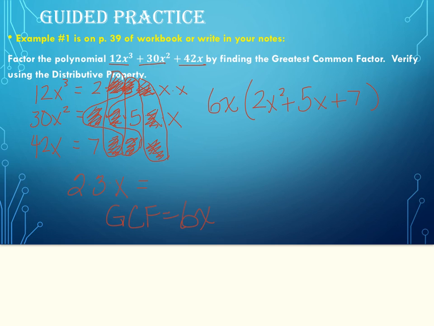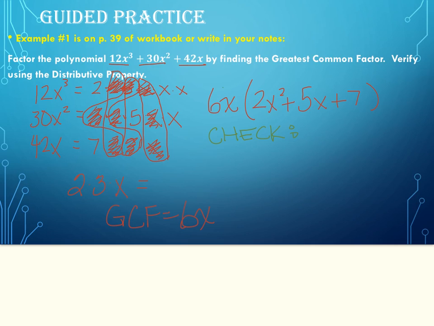That's what it looks like when you factor by taking out the greatest common factor. Now it also tells you to verify using the distributive property, which means you're going to check it. And I know most of you hate checking, so I'll do it for you.